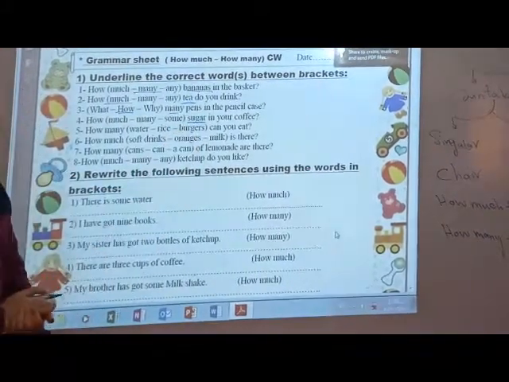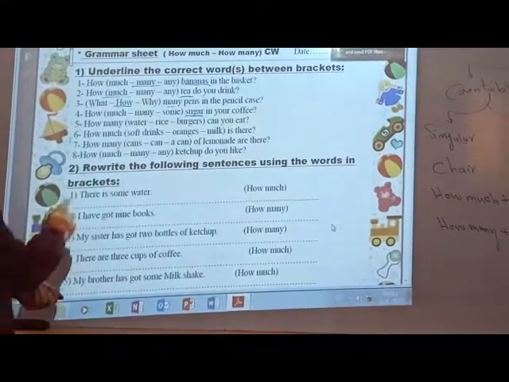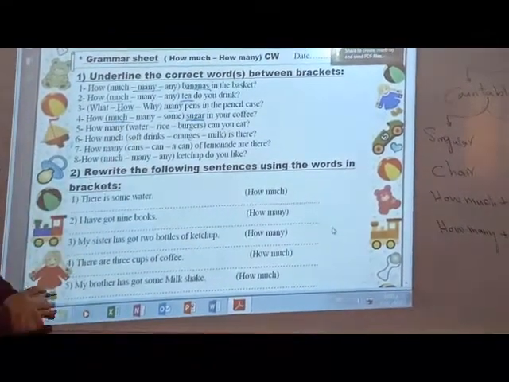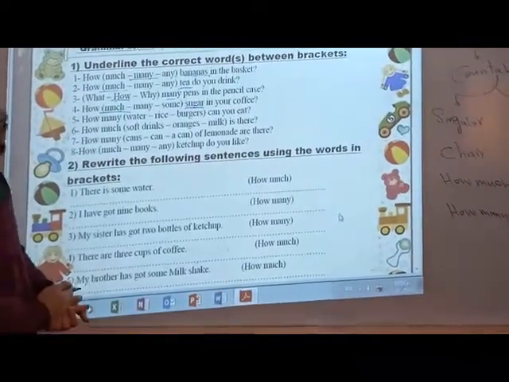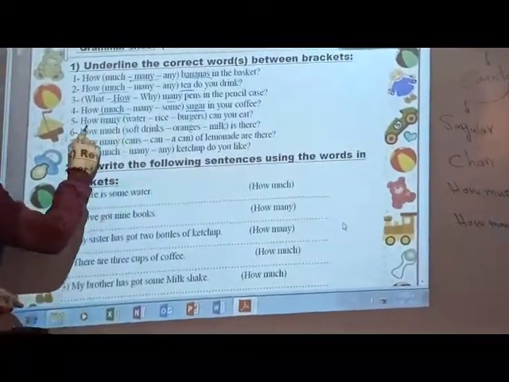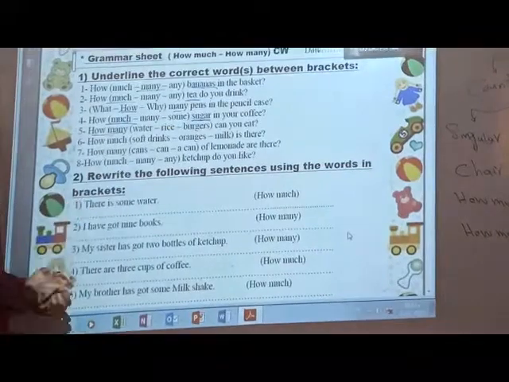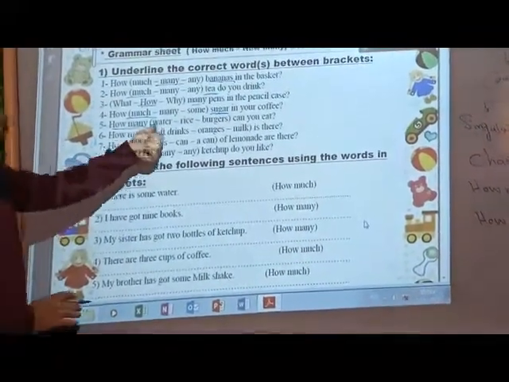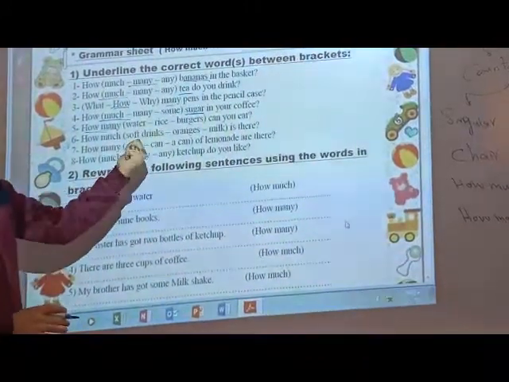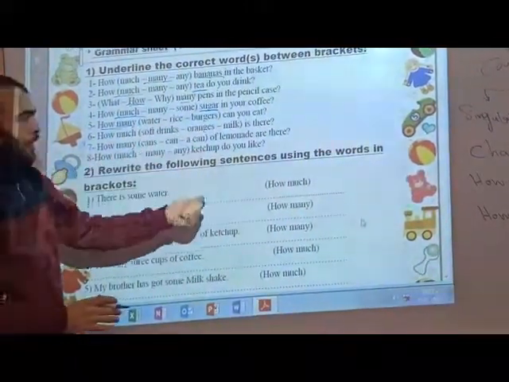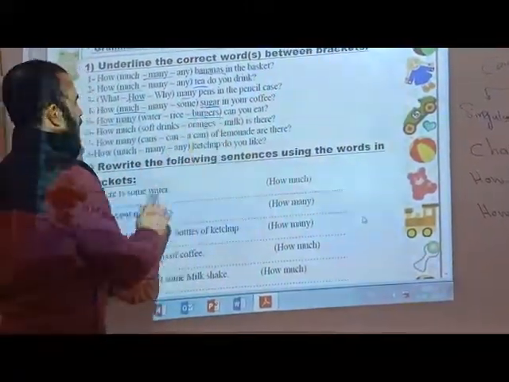Sugar is an uncountable noun. So how much? How much sugar in your coffee? Number 5. How many can you eat? So how many needs plural countable nouns. So how many water? Uncountable. How many rice? Uncountable. How many burgers can you eat?